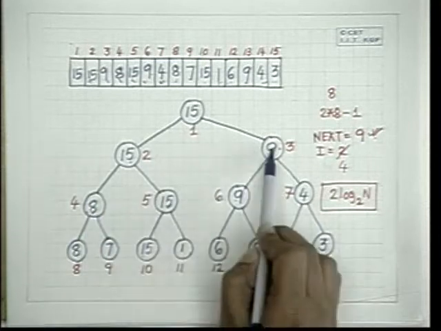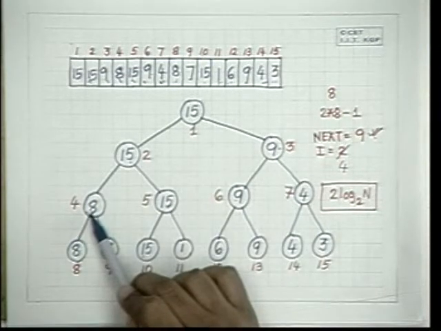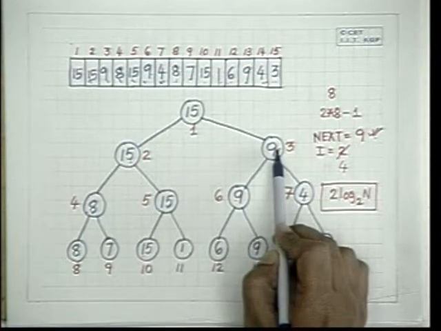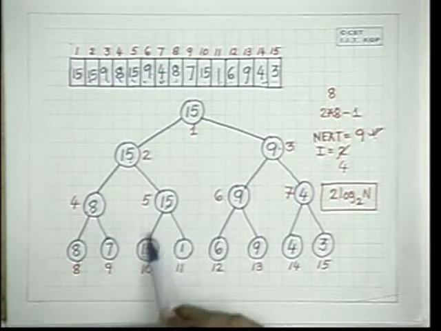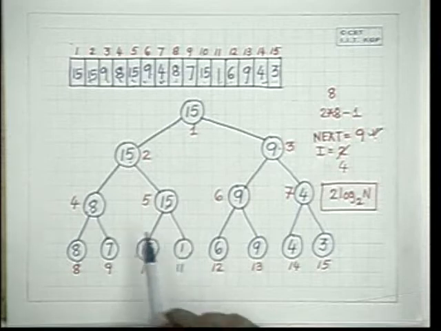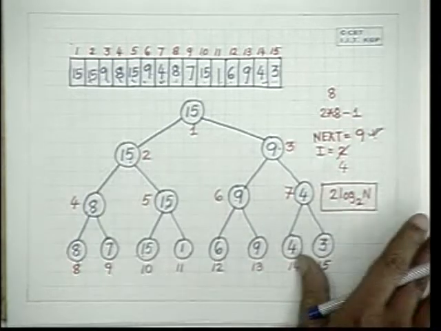The comparison of these two elements would give me the new tentative second largest. And again I will double this location and come to these two positions, and then again the smaller of the two I will compare with the tentative second largest. So let's work this out on an example, and we'll see how we will be able to get it.